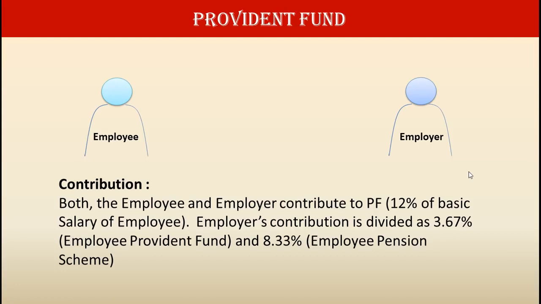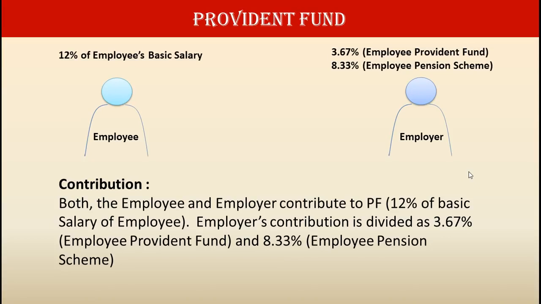Basically we have the employee, that is you, and the employer, the one under whom you are working. Whatever salary you get from that particular employer, 12% of the basic salary, remember it's the basic salary and not the salary that you get in hand, is taken into consideration and contributed towards Provident Fund.